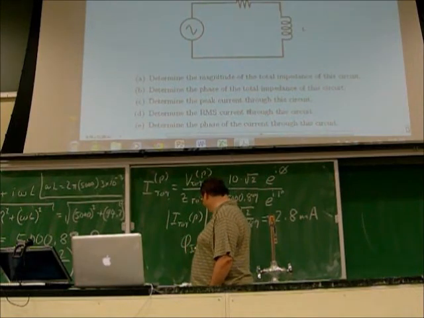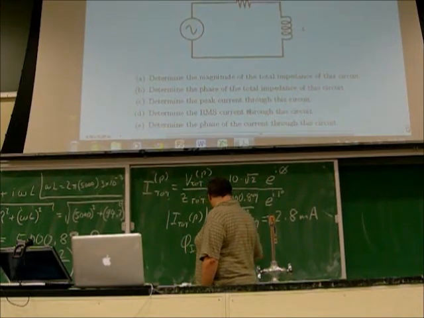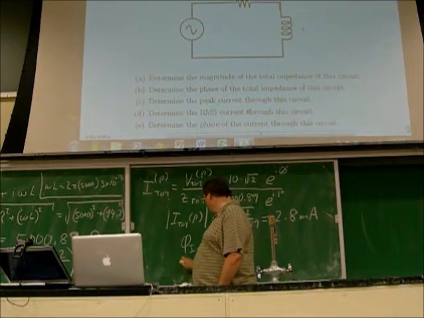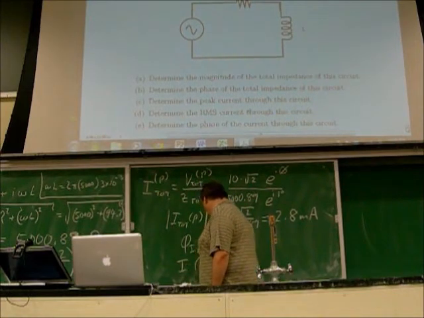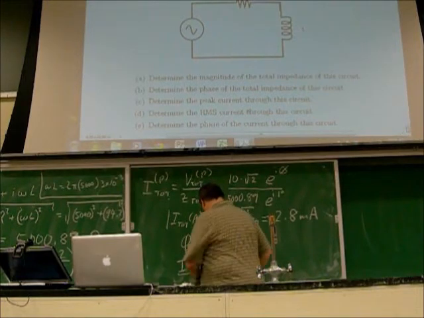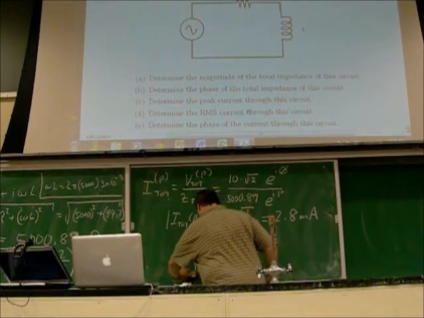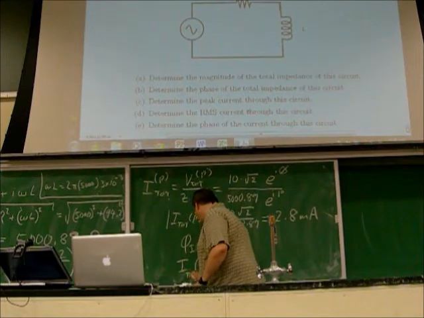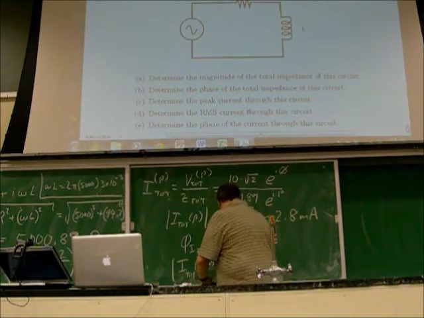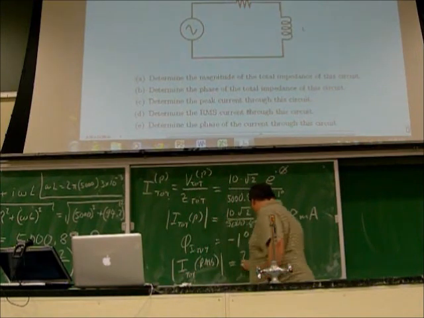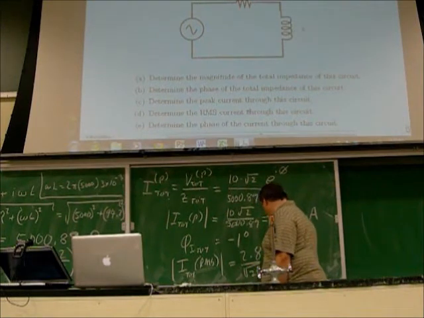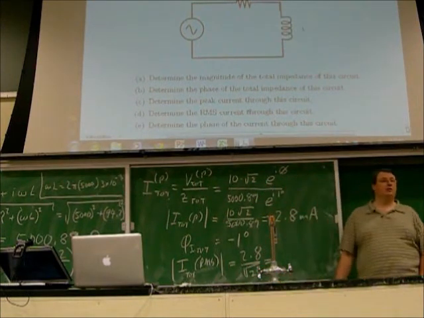Negative 1 degree. I total is minus 1 degree. And what is the RMS? Whoopsie. It's 2.8 milliamps over root 2. It's how much? 2.